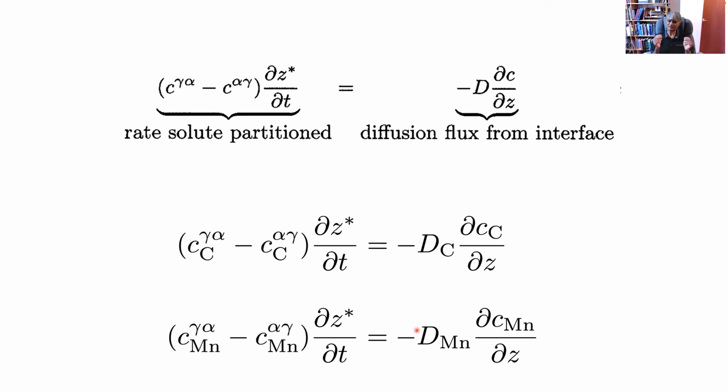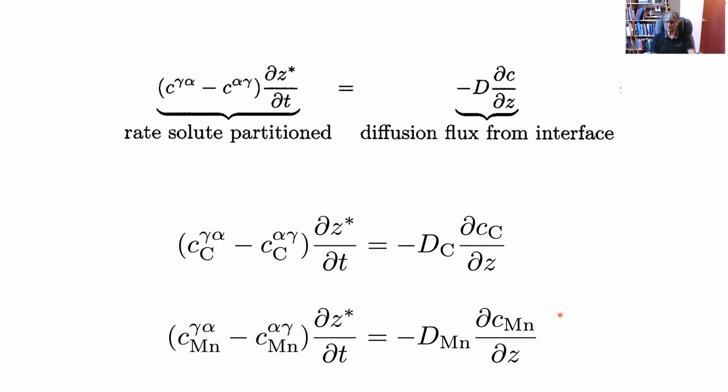So one way is that we choose a tie line that minimizes the concentration gradient of carbon to compensate for the very large diffusion coefficient. And that will lead to the long-range partitioning of manganese between ferrite and austenite. And that is not the case I'm interested in today.